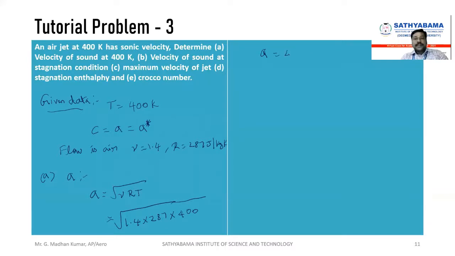So 401.2, right? So this is in meter per second, and let this value be A star, right? So this is nothing but they were telling that an air jet at 400 Kelvin has sonic velocity. So let this will be the value of A star also, right?